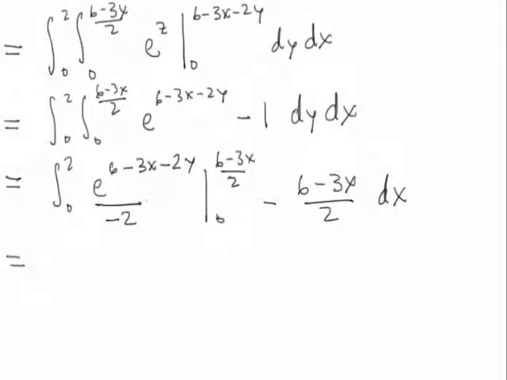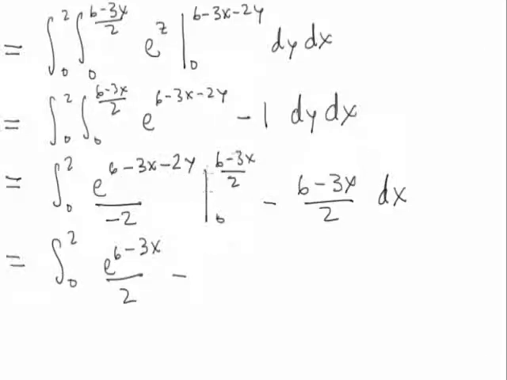Okay, so we've got to plug in these bounds right here. The minus sign here I can get rid of by just plugging in the bounds backwards. So first I'll plug in y equals 0, and I'll get e to the 6 minus 3x over 2, and then minus, and then I'll plug in y equals 6 minus 3x over 2, so 2y is 6 minus 3x, and so I get 6 minus 3x minus itself.